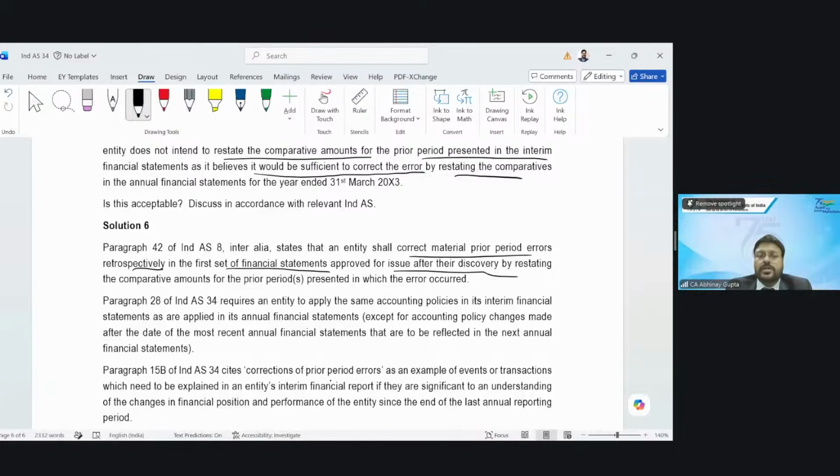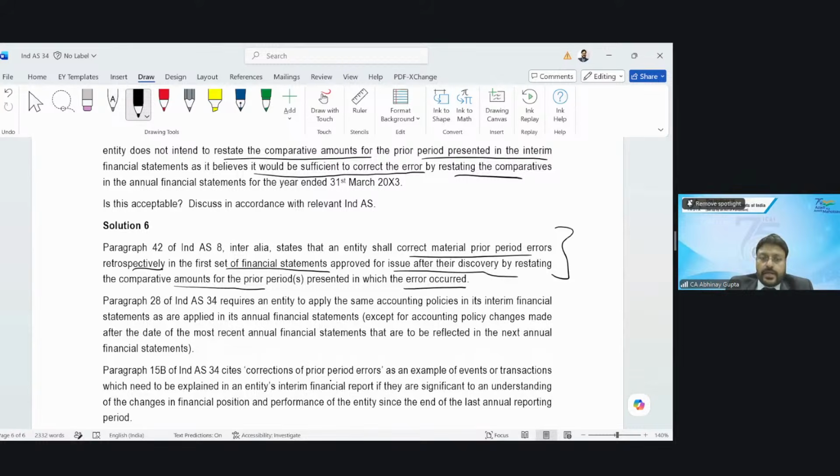So whatever financial statement we are going to publish after the discovery, be it quarterly, half yearly or annually, whichever the first financial statement we are going to release to our users, that financial statement has to give effect to the correction of this error. And correction of error is always done retrospectively, right? And we need to restate the comparative amounts as well for the prior periods to which the error has impacted, and in which the error has actually occurred, right?